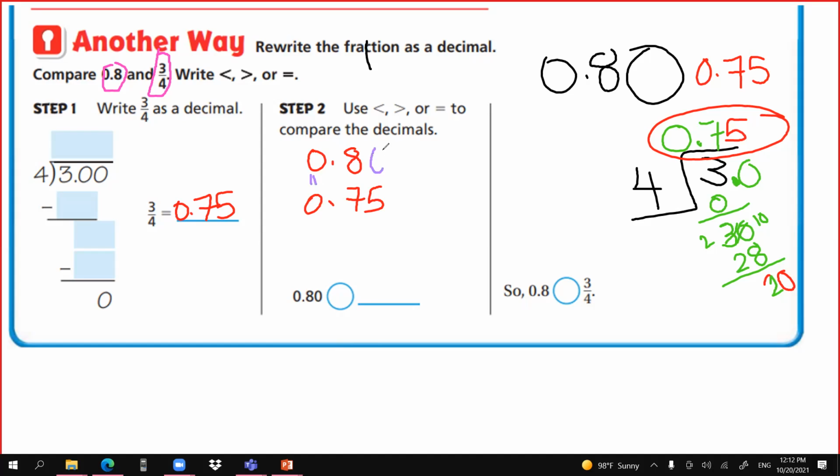Then here we have to add 0 to make them have the same digits. Then 8 and 7, which is greater? 8. So that means 0.80 is greater than 0.75. Is it clear?